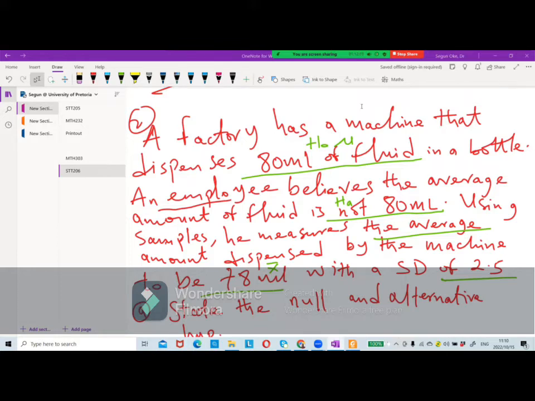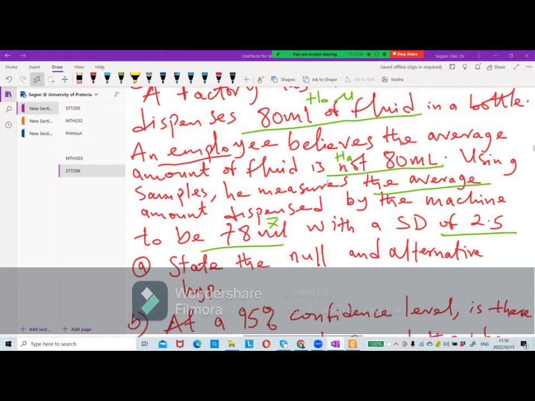So let's write the question down. And once we write the question, then we will solve it. Are we there now?